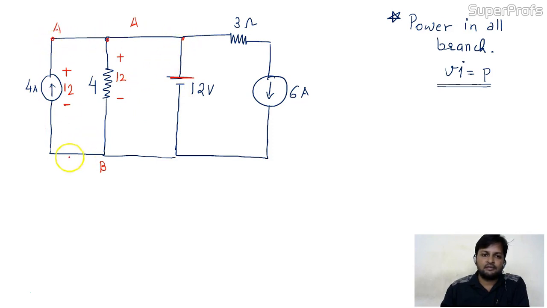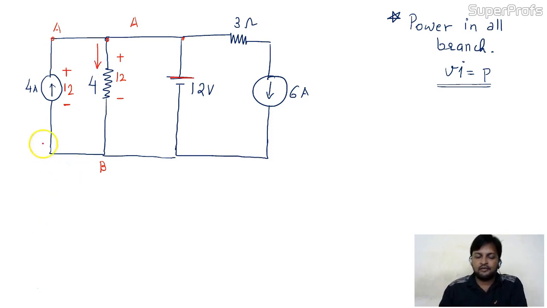Starting points are the same, ending points are the same. So the voltage drop across one branch will be the voltage of the other branches also, because they are connected in parallel combination. Now, if the voltage drop across the 4 ohm resistance is 12, can we find out the current?